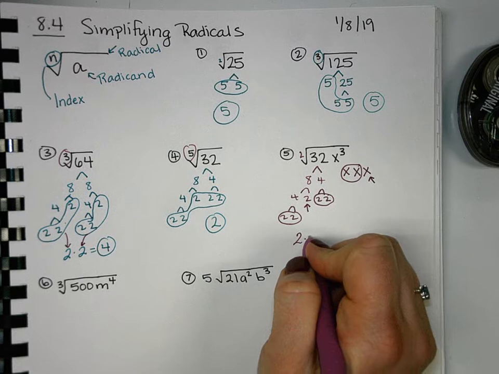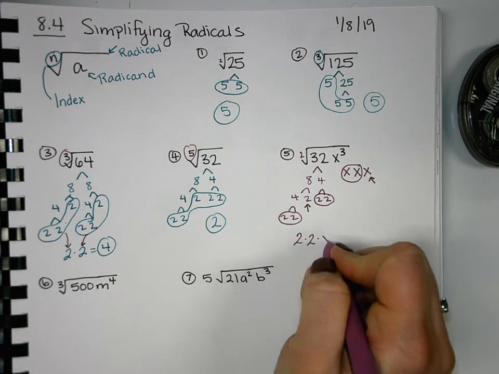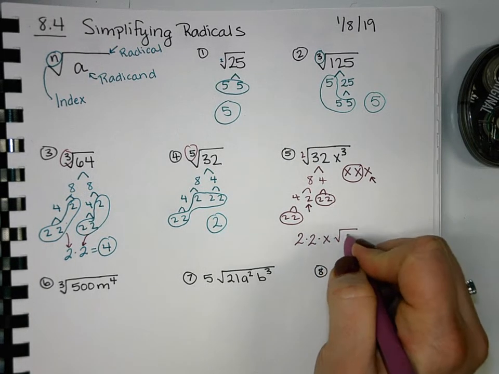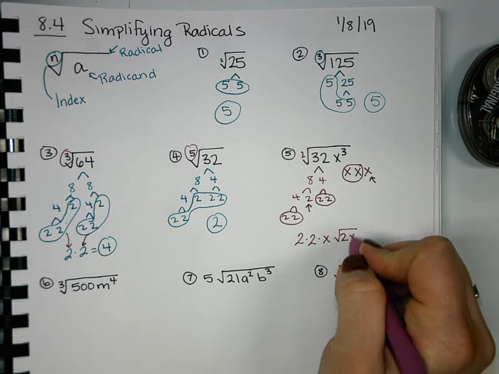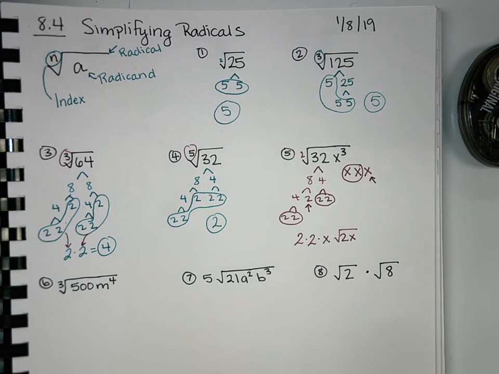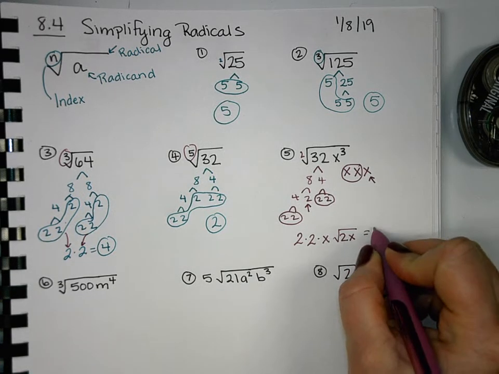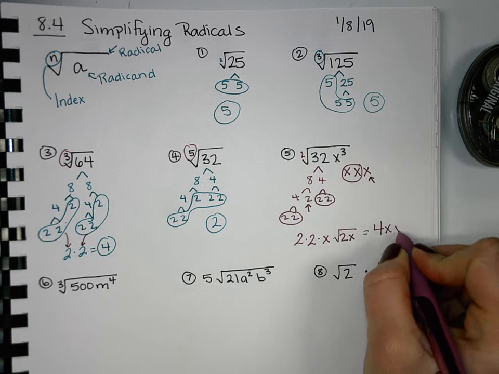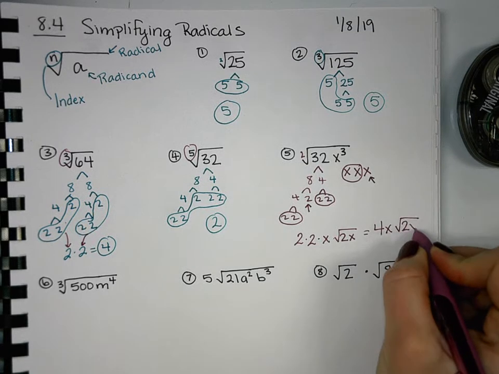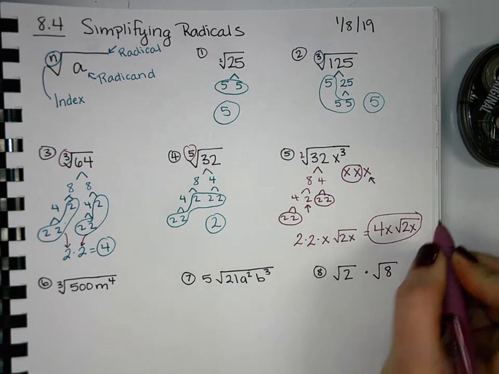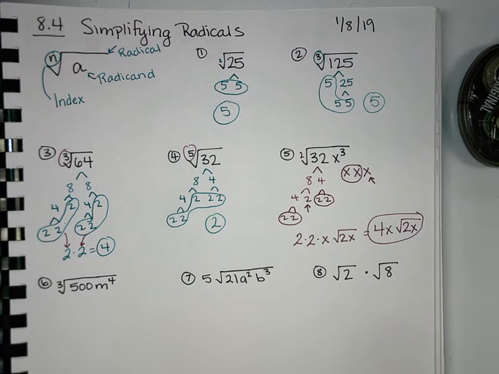So 2, a 2, and an x. What didn't group will stay inside the square root. So we can multiply what's outside together. 4x square root 2x. And that would be your simplified radical.